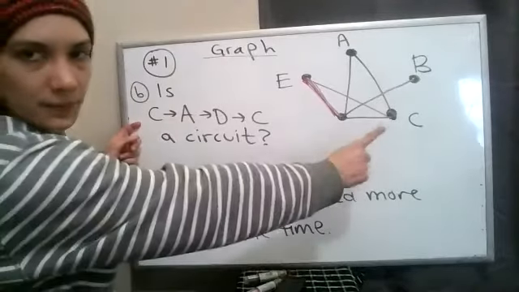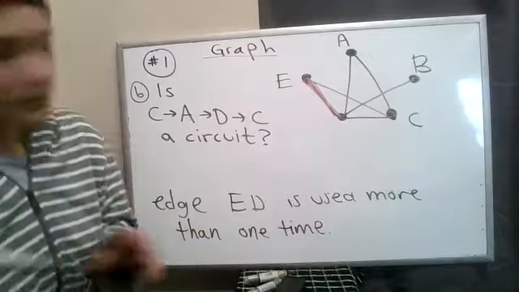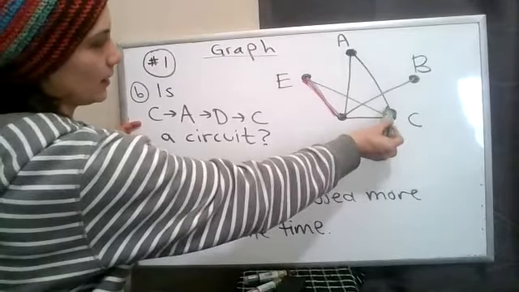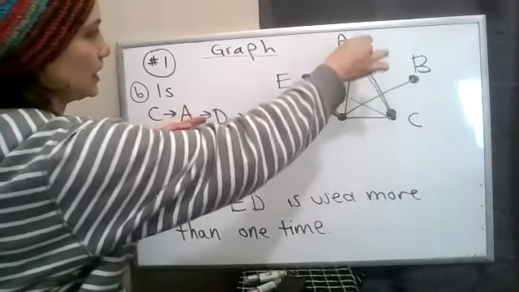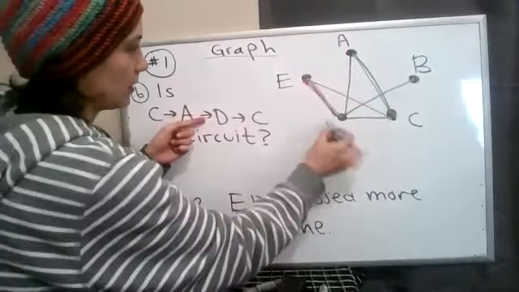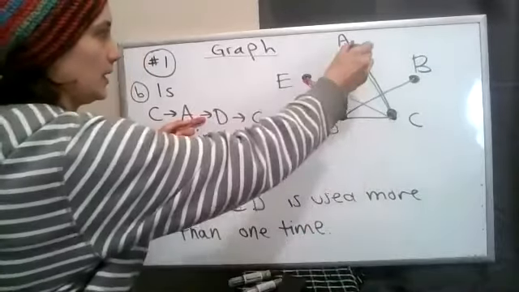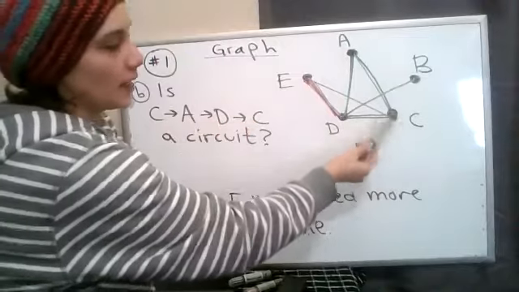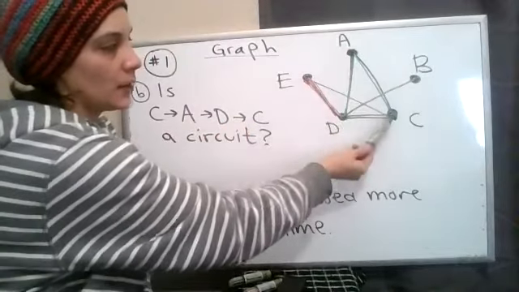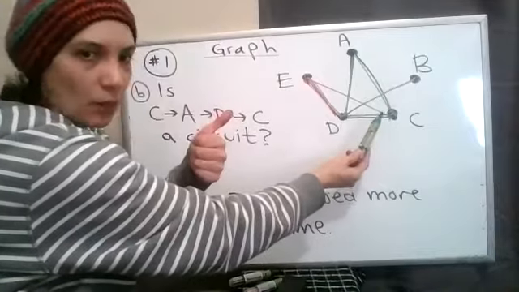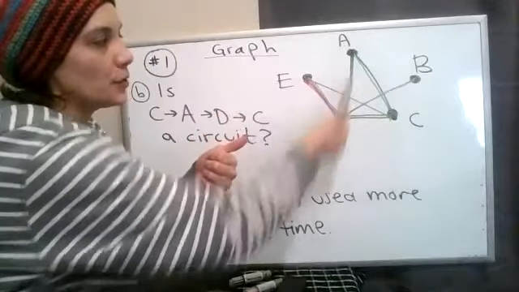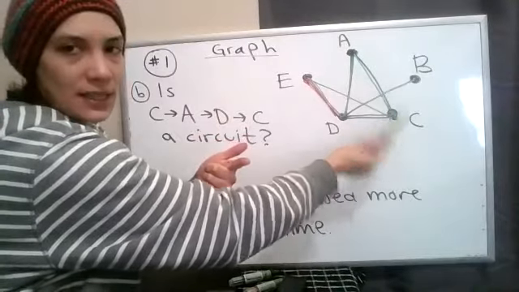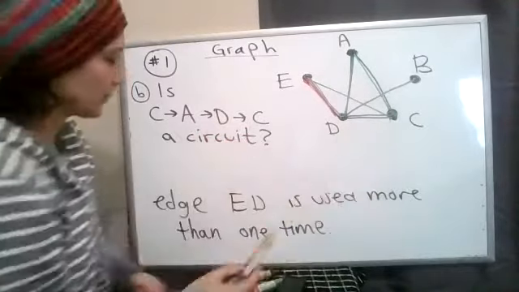Let's get color. C, and go to A. Then to D, and then back to C. So we've made a triangle. Each vertex was connected to the other by an edge, so we got walk. We used every edge one time, so that's a path. And the place we started was C, and we end at C, so it's a circuit.